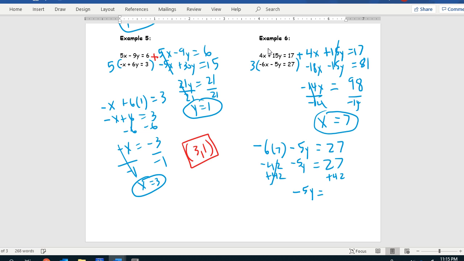-5y equals 69. And something doesn't look right there. So let's see if I can track down a mistake here very quickly. Seven and 42, so we add 42 to 27.